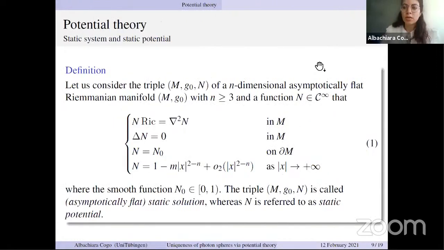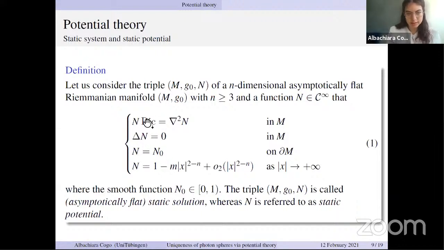Okay, so finally, I'm going to talk briefly about potential theory, which is the tool that I'm going to use to prove the uniqueness. So this theory just takes a Riemannian manifold (M, g) and a smooth function n, such that the Riemannian manifold is asymptotically flat, and this triple satisfies these conditions.